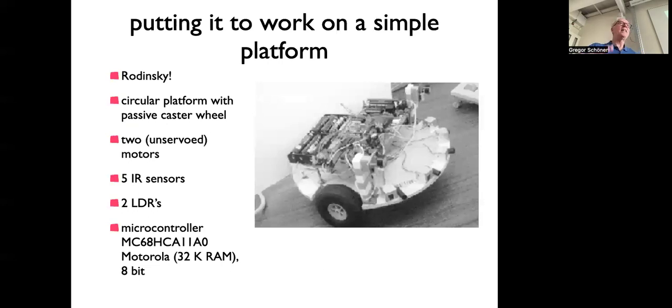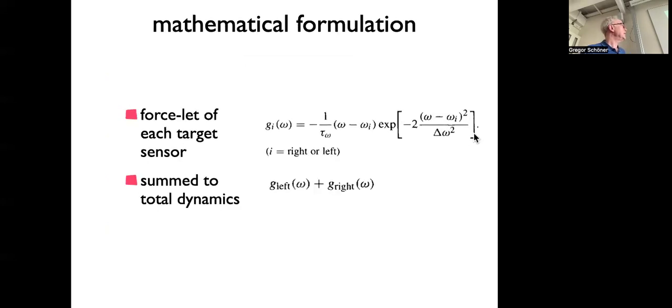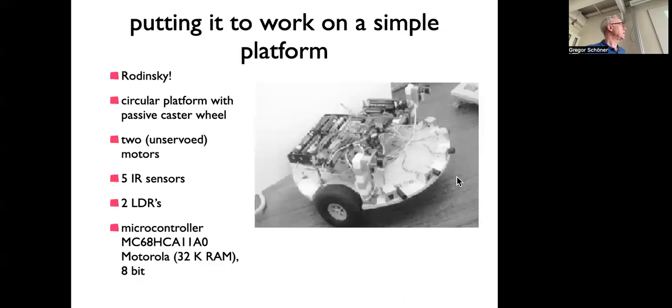So in the final equation, you don't need phi. You have an inner variable omega that you compute, but you don't need phi at all. And what you do on the robot is you just have the numerical solution of that equation. That is, you have some inner variable omega.